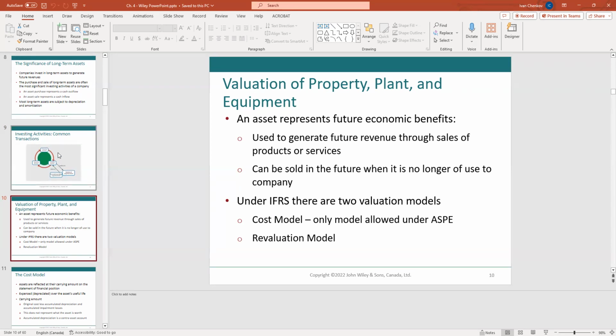So we have two models under the International Financial Reporting Standards, the standards that govern public companies. We have the cost model, which is the only model the country standard for private enterprises allows, and we have the revaluation model as well.